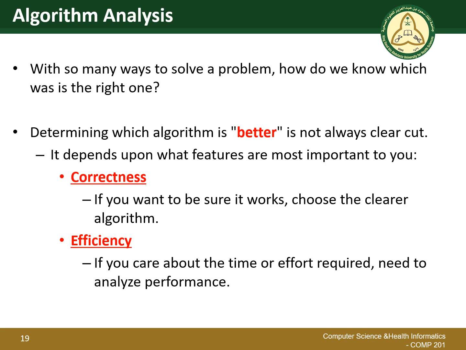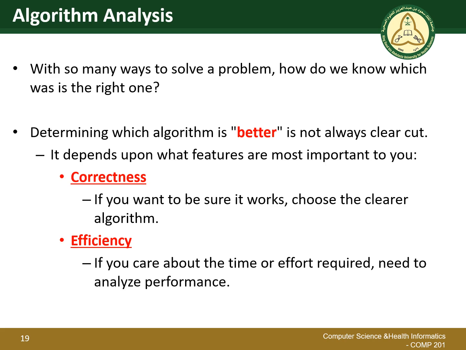Efficiency, however, is more complex. Efficiency can care about time or space and the required effort from the machine. Usually there will be a trade-off between space and time in most algorithms.